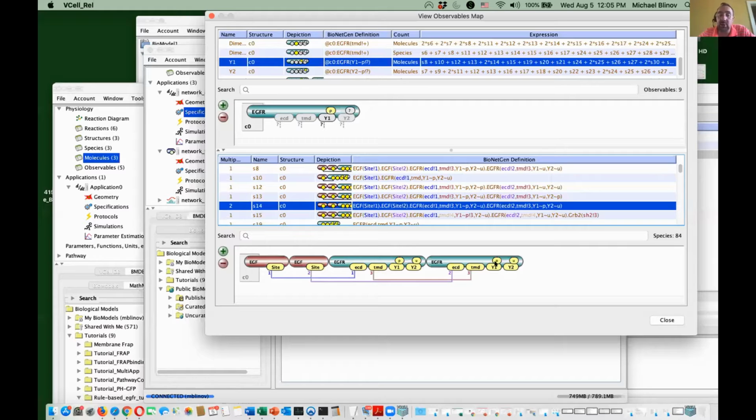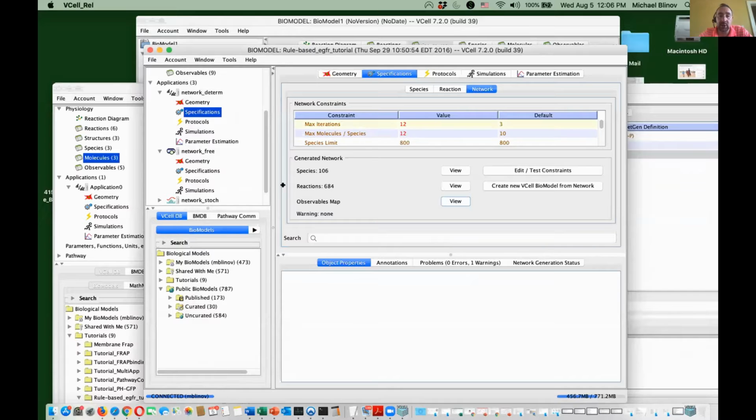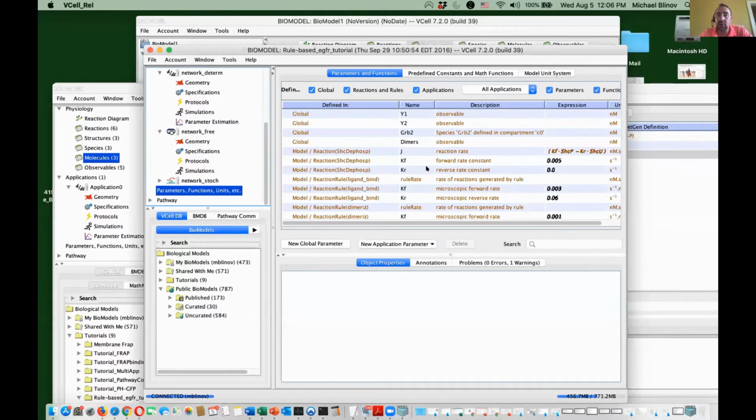So you count the number of those complexes, or concentration of these complexes, twice, because you would like to match it to the total number of phosphogroups. So yes, if there are certain observables from experiments, you can use them for fitting, because this is just a function that is defined in Virtual Cell in the mass model, and you can use it. Okay.